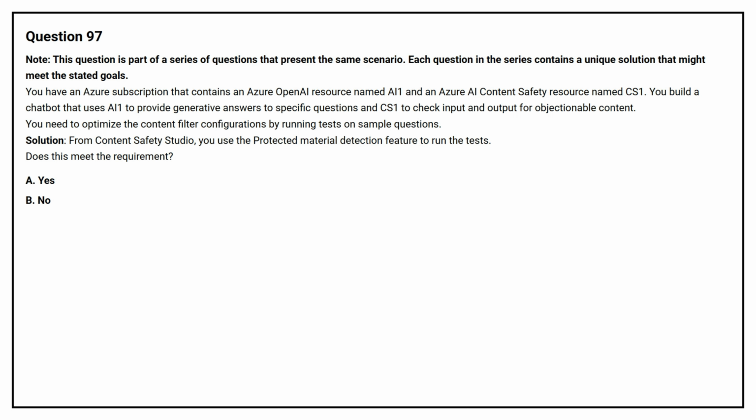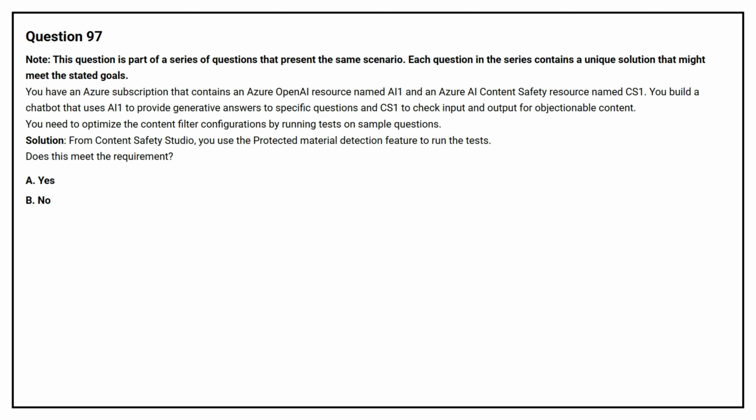Question number 97. Note: this question is part of a series of questions that present the same scenario. Each question in the series contains a unique solution that might meet the stated goals. You have an Azure subscription that contains an Azure OpenAI resource named AI1 and an Azure AI Content Safety resource named CS1.